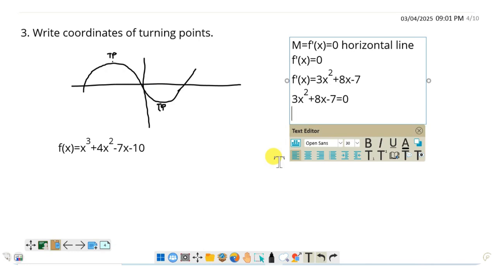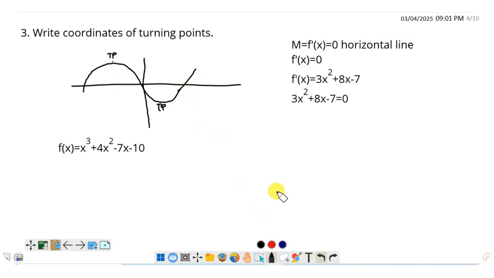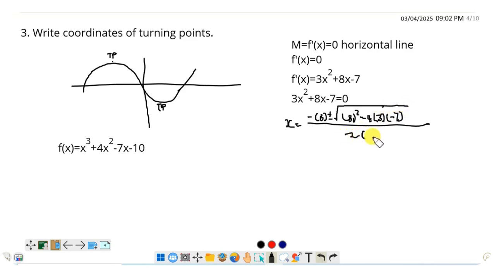You can use your quadratic formula. x equals minus b, which is positive 8, plus or minus the square root of b squared minus 4ac, with c being negative 7, over 2a, which is 2 times positive 8.